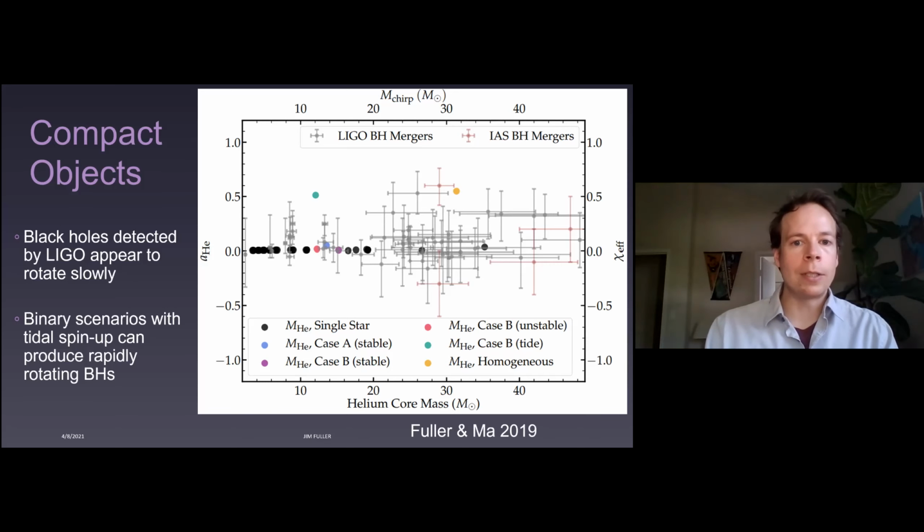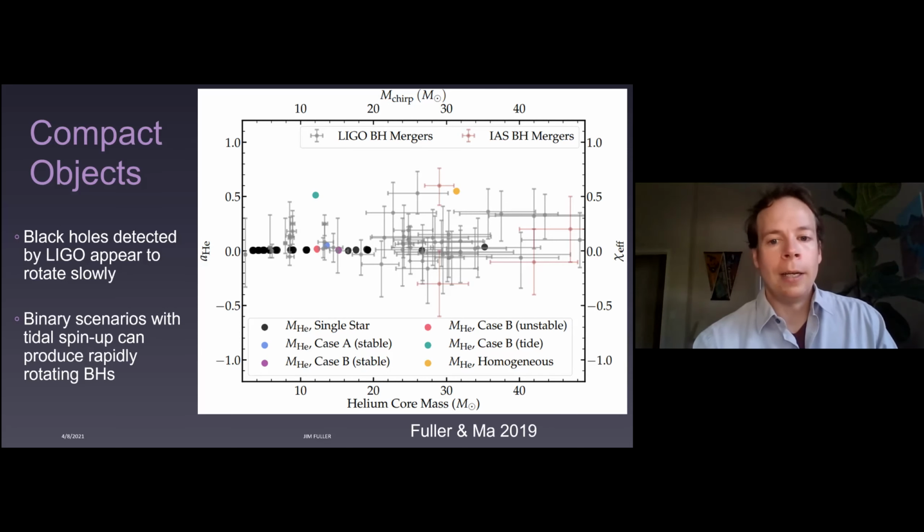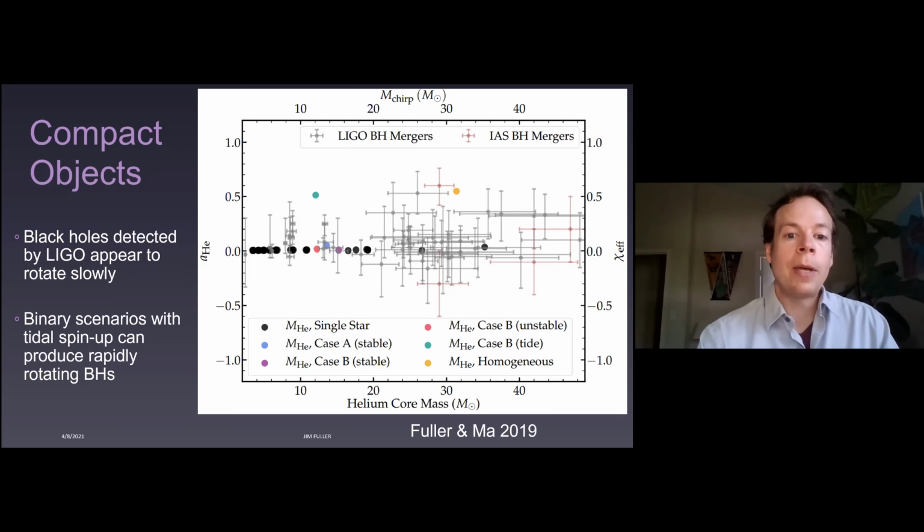That's a stochastic or random process. But they see their neutron stars get spun up to periods of tens of milliseconds or even faster in some of those simulations. So I suspect that's what's happening for many neutron stars and possibly the Crab Pulsar.